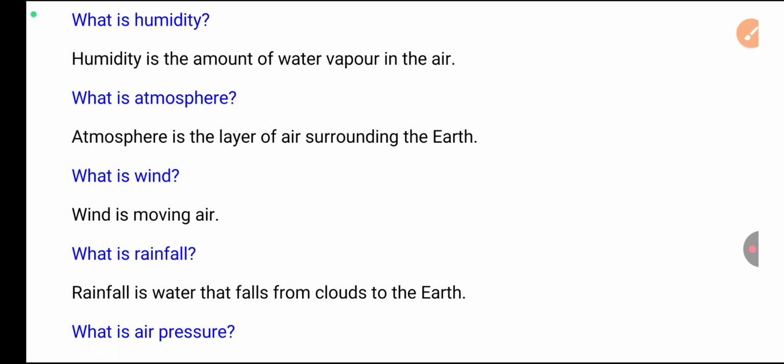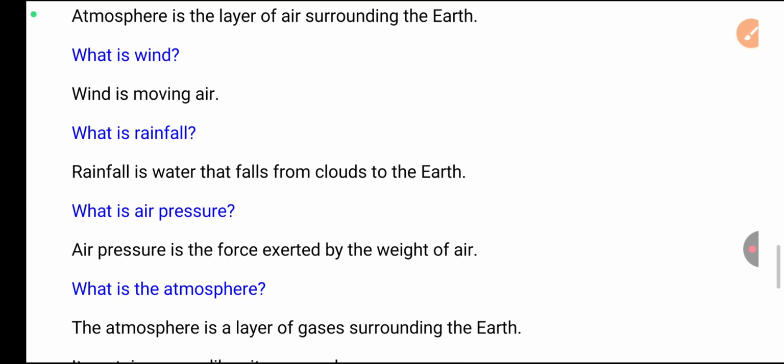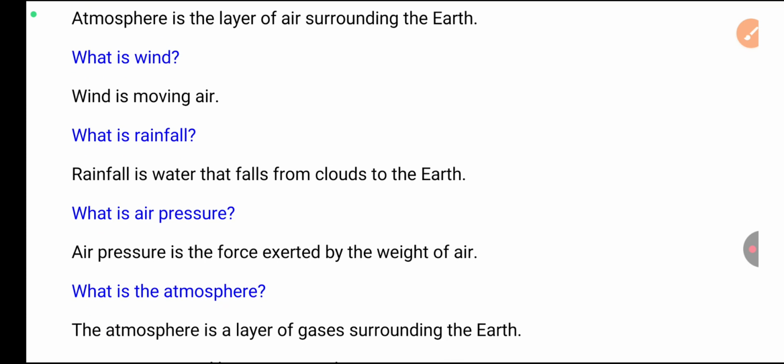What is atmosphere? Atmosphere is the layer of air surrounding the earth, the blanket of air. What is wind? Moving air is called wind.